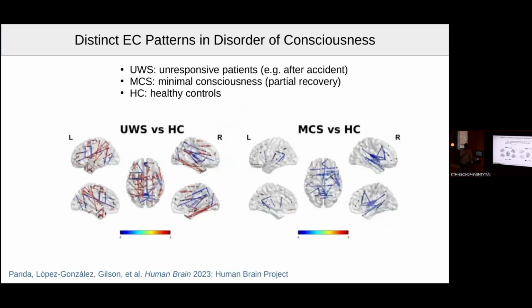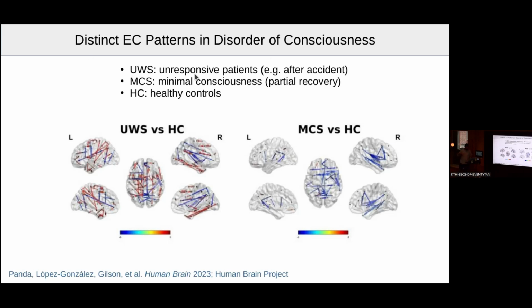So the data that we had there were data from coma patients. When people arrive in the service in Liège, they usually had an accident or a stroke or anything.